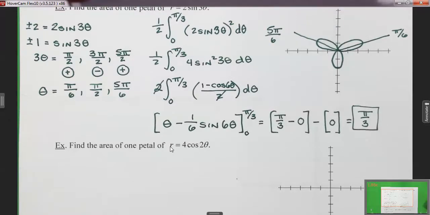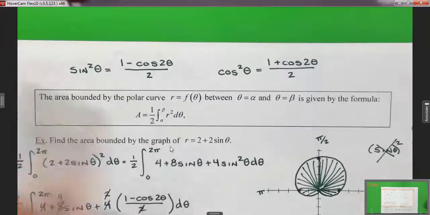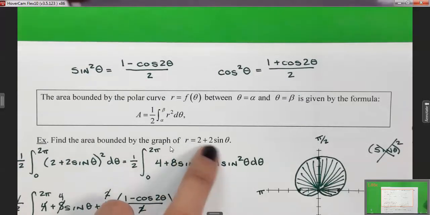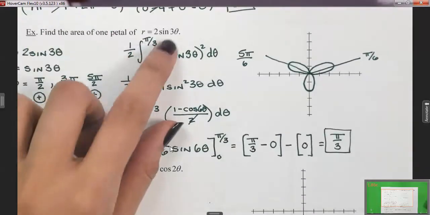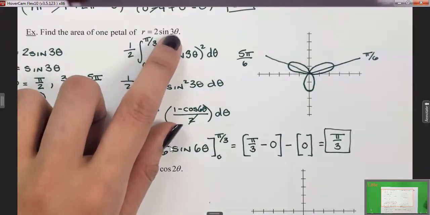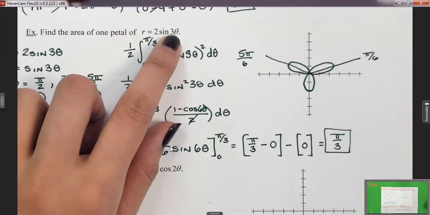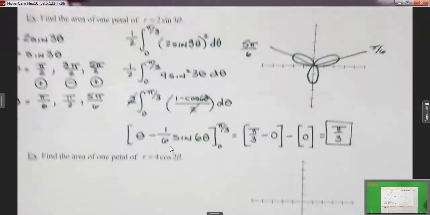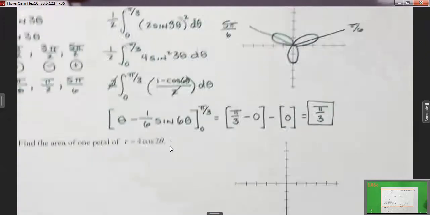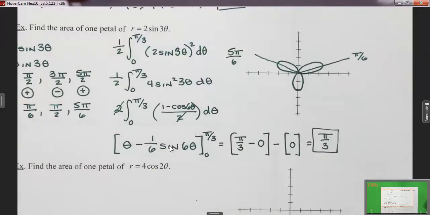The ones you don't do it to are the ones like a plus b cosine theta. Anytime there's a multiple of a theta, it's probably going to mean that you have a rose. I put them on the previous page, but you'll have practice drawing them on your homework.